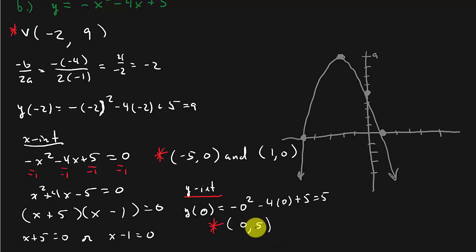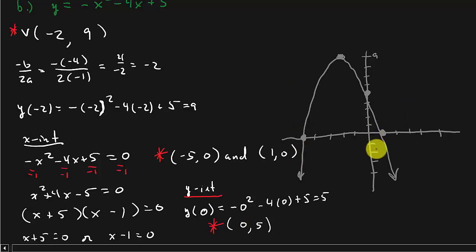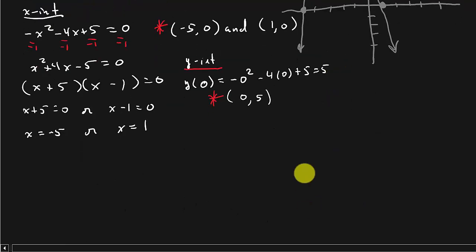Now, one thing you can do is, if you do make a mistake and you go to plot these points, and you plot your vertex, your x-intercepts, and then you go to plot your y-intercept, and it's way down here or up here, then you know you did something wrong. Or if you plot your x and y intercepts and then your vertex is way over here, or down here, well, then you know you did something wrong. So you can kind of tell from plotting the points.